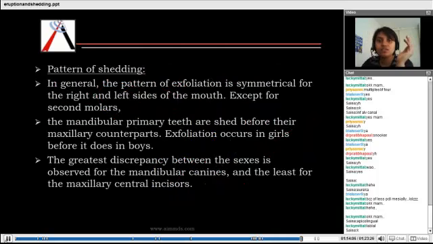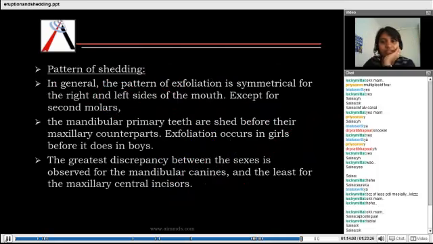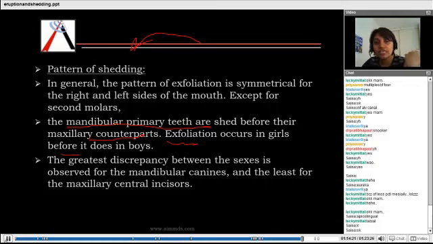When we talk about the pattern, usually it is symmetric on both sides. The mandibular primary teeth are shed before the maxillary teeth. Usually exfoliation occurs in girls before it does in boys.